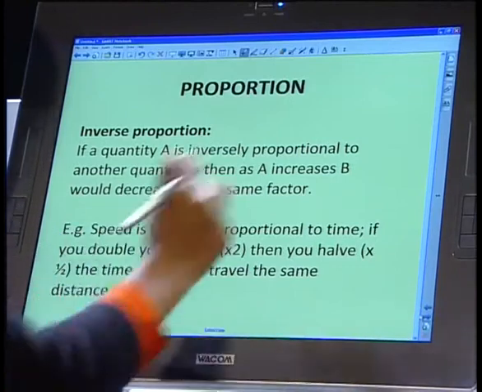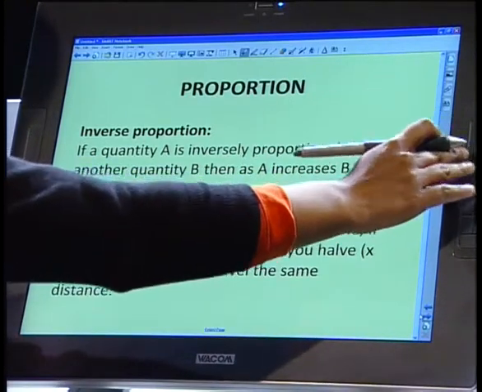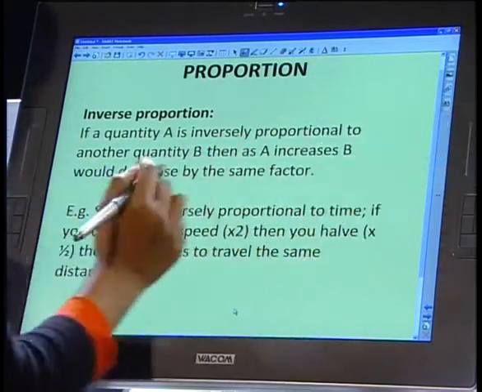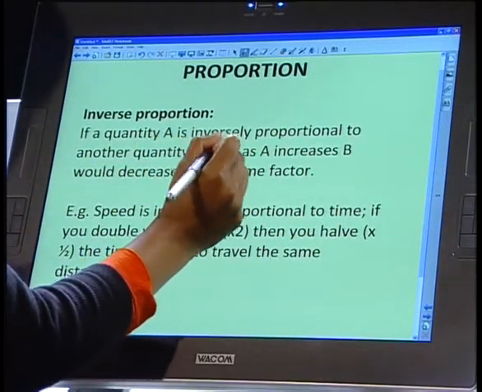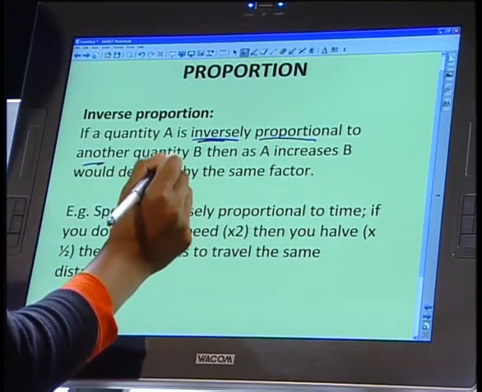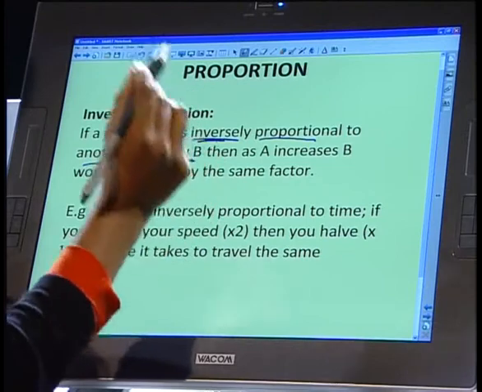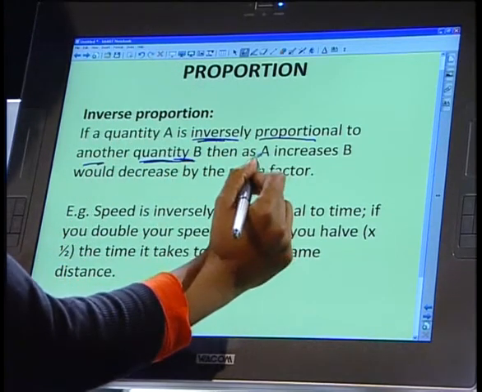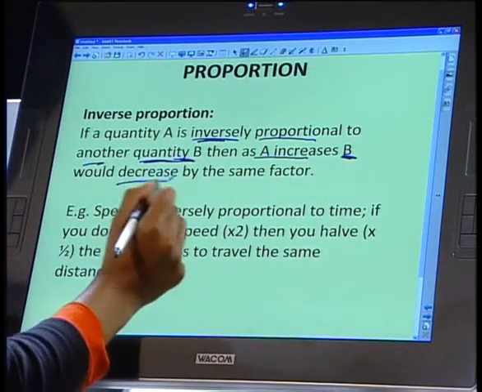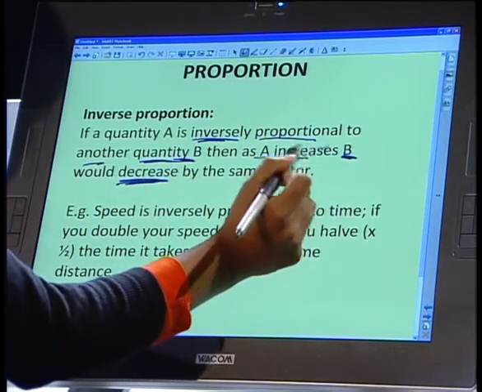Okay, we're going to move on to indirect proportion or inverse proportion. And here what we really mean is if a quantity A is inversely proportional to another quantity B, then inverse means that as A increases, B would decrease. That's very, very important.